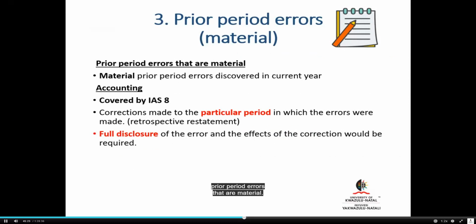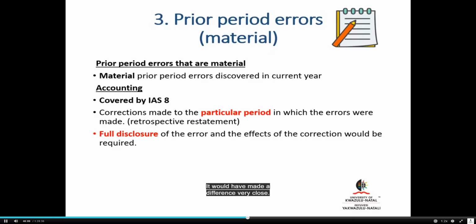If someone can sponsor me with their opinion, when we say that something is material, what are the implications, and what do you think something material is? Something material means that if it was available at that time, it would have made a big difference in the decision of the users of financial statements. It would have made a difference.